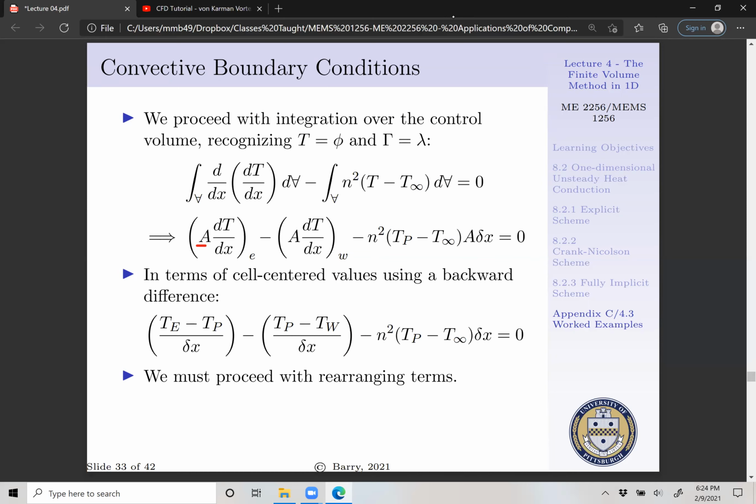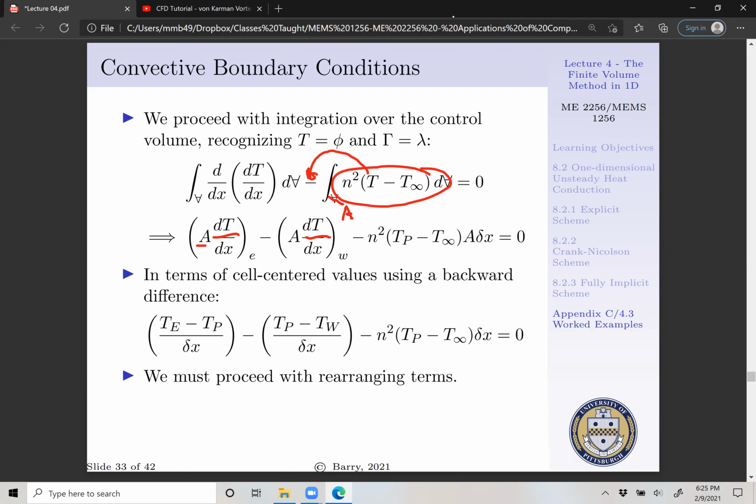This gives us area times dT dx evaluated at our east face, minus area times dT dx evaluated at our west face. We've seen this before when we constructed our 1D diffusion equation. Now n squared (T minus T infinity) is all a constant. We're actually integrating with respect to area. So we have n squared (T_P minus T infinity) times partial x equal to 0.